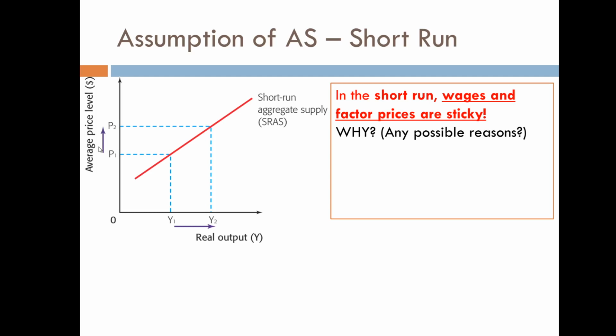Let me give you a scenario. Let's say right now the price level is increasing. If you use logical thinking, if the price level is increasing, the wages should go up as well. But in the short run, they are very sticky. Any reasons?